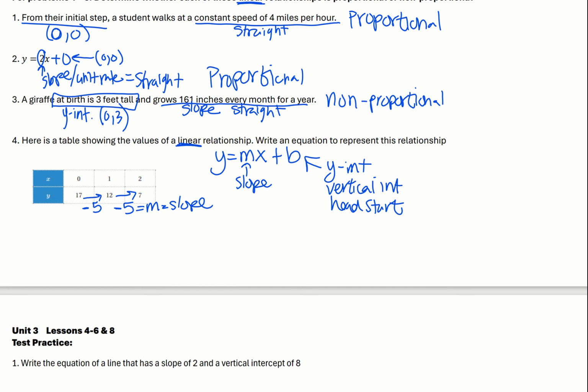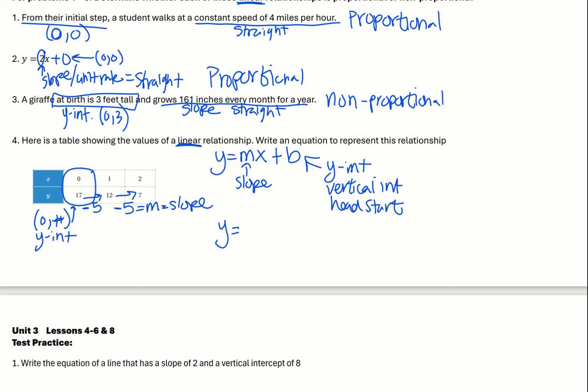And then what I want to look for is where did I start? So you can see x is 0, and then I have a number in y. Well, if we look back at our vocabulary, when I had x was 0 and a number for y, this was our y-intercept. Okay, so now I have all this information and I can write my equation.